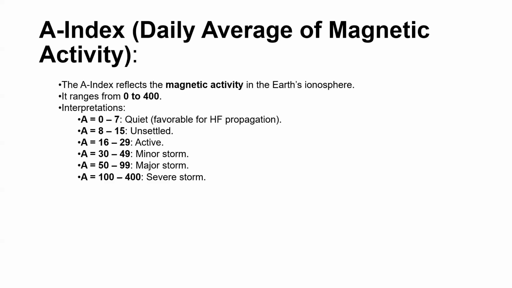So actually, those charged particles moving creates magnetic activity that disturbs our nice and quiet ionosphere. So the scale for the A index, 0 to 7 quiet, 8 to 15 unsettled, and you can see it there. 30 to 49 a minor storm, and if it's a severe storm, we've got 100 to 400.